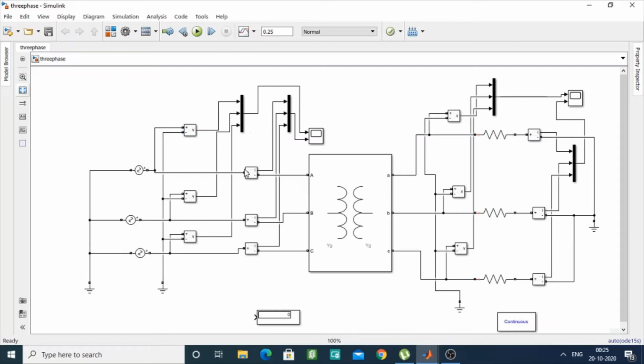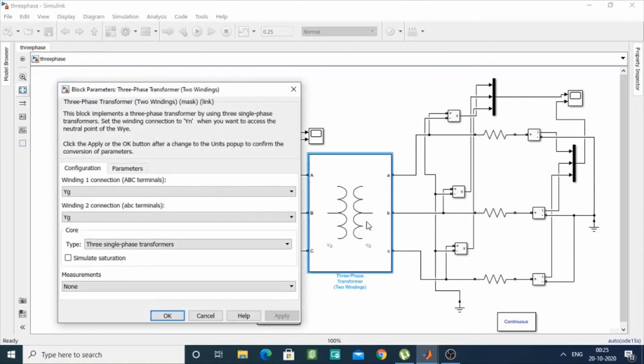Similarly, for the current measurement, we have another MUX, and you can see that we have a scope, one port of which is connected to the first MUX, and the other port is connected to the second MUX for the output. Now, this is a three-phase transformer with two windings that I've used.